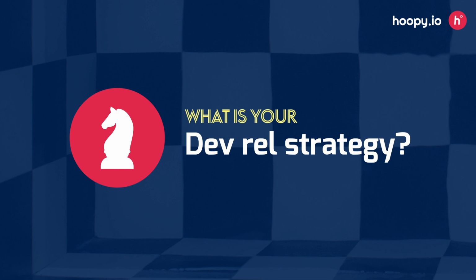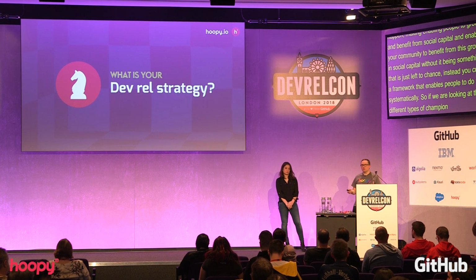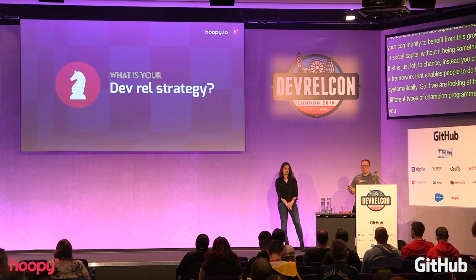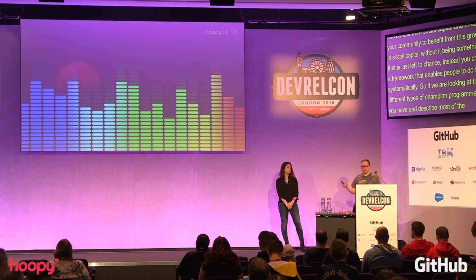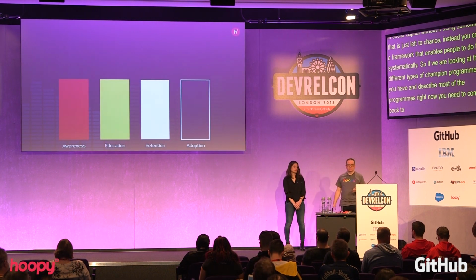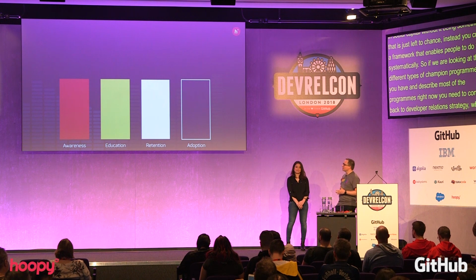And so if we're looking at the different types of champion program that you might have and that we've observed seem to describe most of the champion programs that exist right now, then you need to come back to what is your developer relations strategy? Why is your company pursuing developer relations? Now, let's look at some bars.